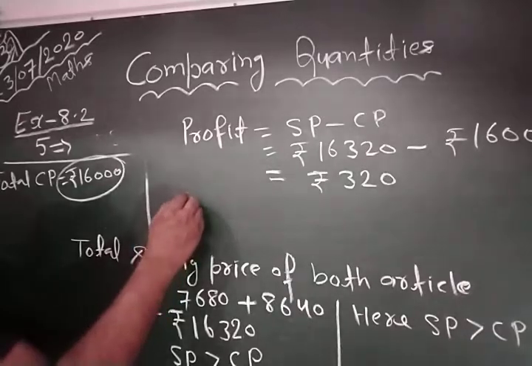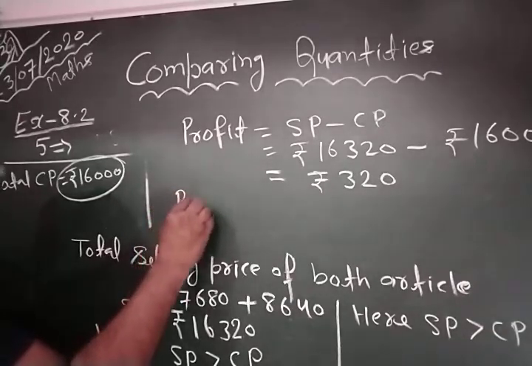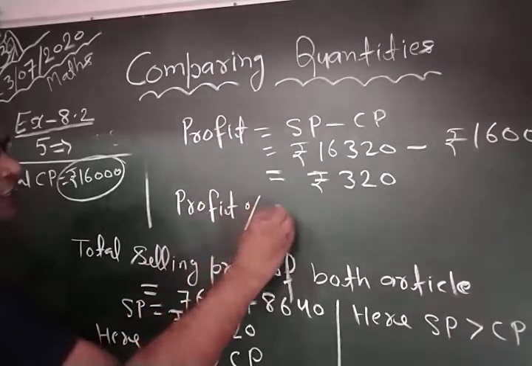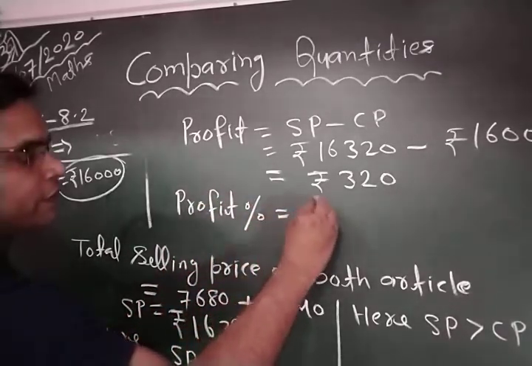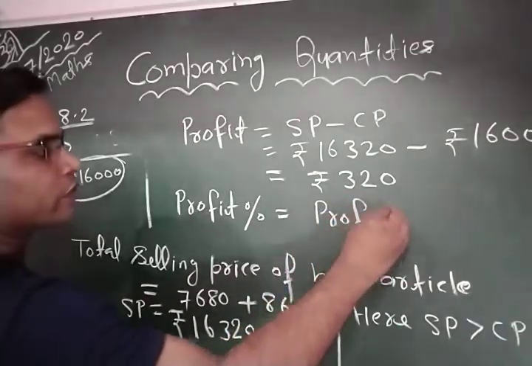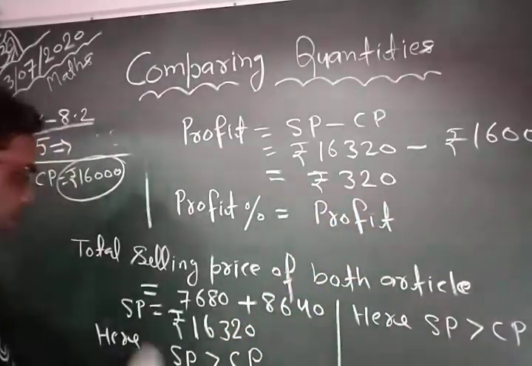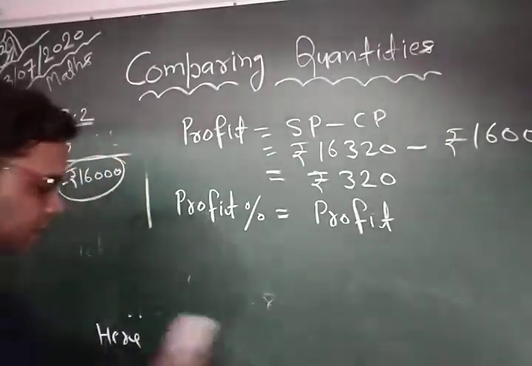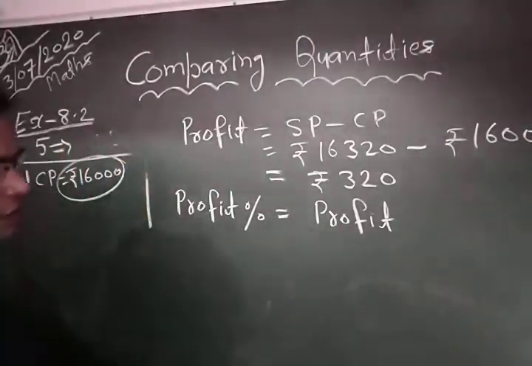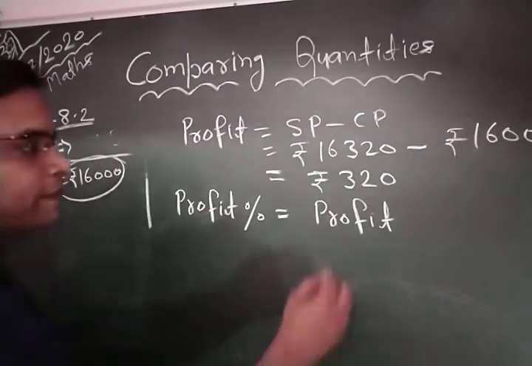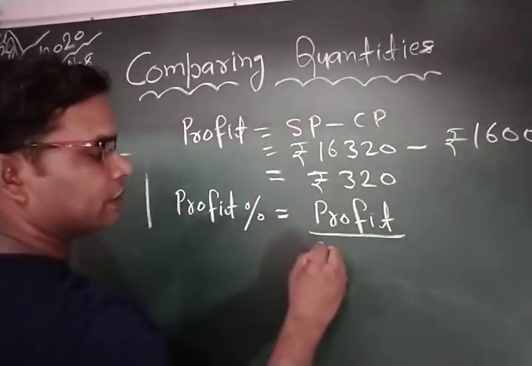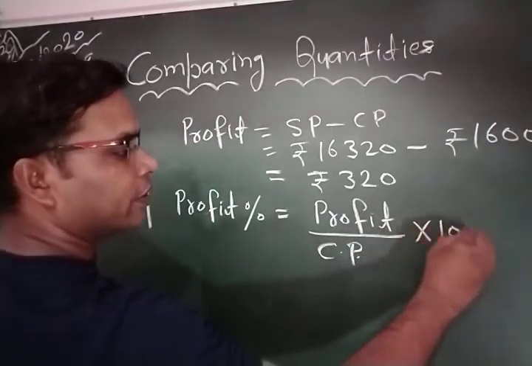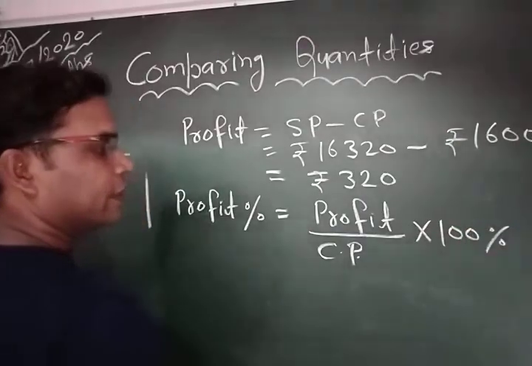So profit percentage is equal to profit by CP, which means cost price, into 100%.